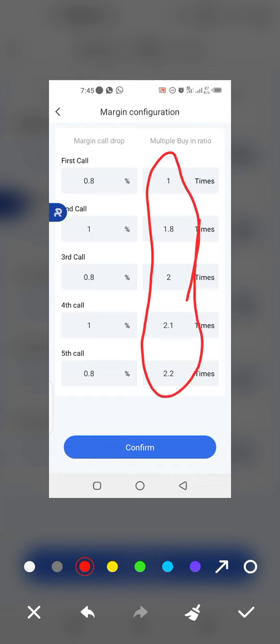You can either use the real dollar cost averaging method, the power of doubling every purchase. So you make sure you double every purchase you get.